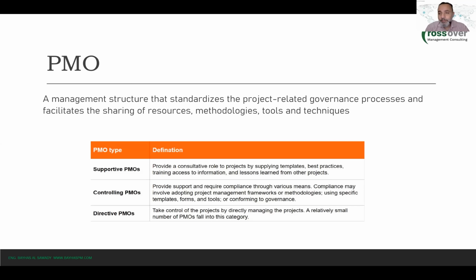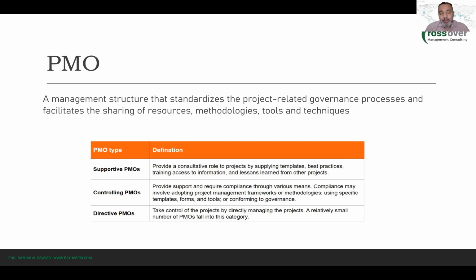We explained the different types of organizational structures and the difference of these structures in terms of project management authority, resources availability, advantages and disadvantages.